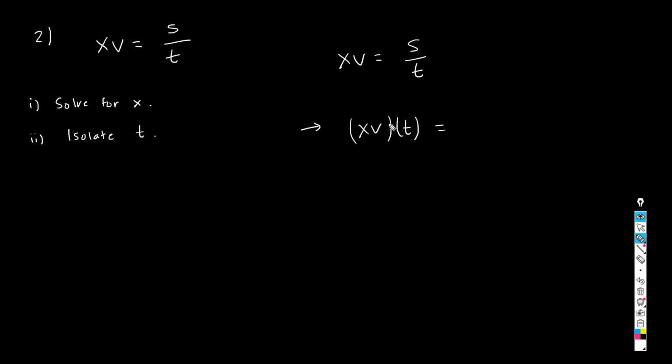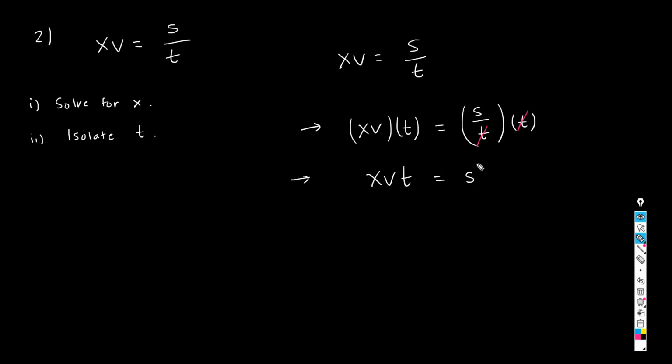And if I do that operation on one side of the equation, I need to do it also on the other side, like so. Okay, so xvt, nothing happens. And when I multiply s over t times t, we know that both t's are going to be canceling one another, and you're going to be left with s.